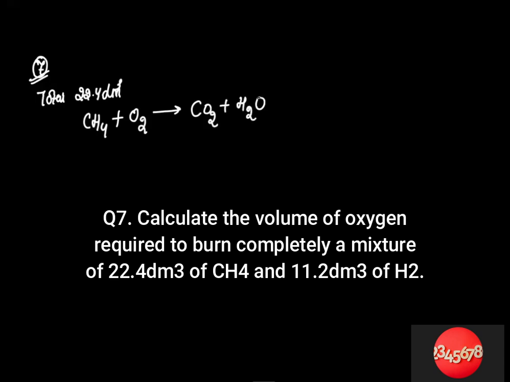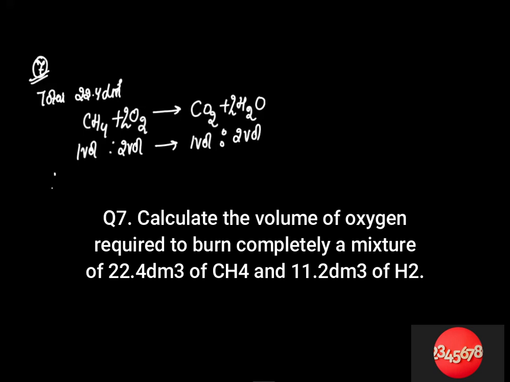How will I balance this? H is not balanced, so 2 to the 4 balanced, and this will also have 2. Is it balanced now? So we'll have one volume ratio, 2 volumes will give how much? 1 volume plus ratio 2 volumes.